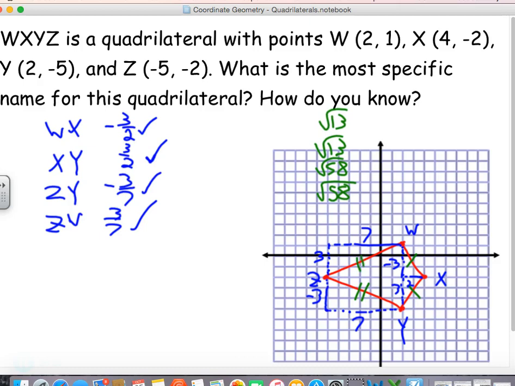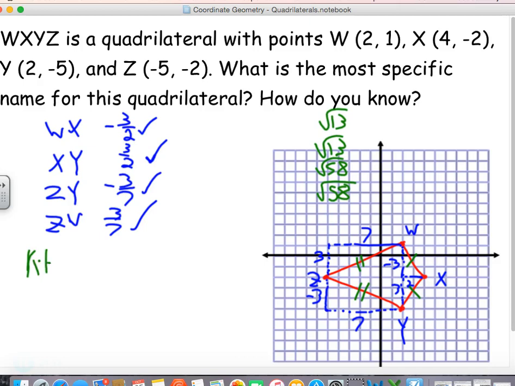Okay, so now I've proven that it's a kite because it has 2 pairs of consecutive sides that are congruent. Right here's a pair of consecutive sides, ZW and ZY, and then the other pair of consecutive sides, WX and WY, congruent, and also we showed they're not parallel.